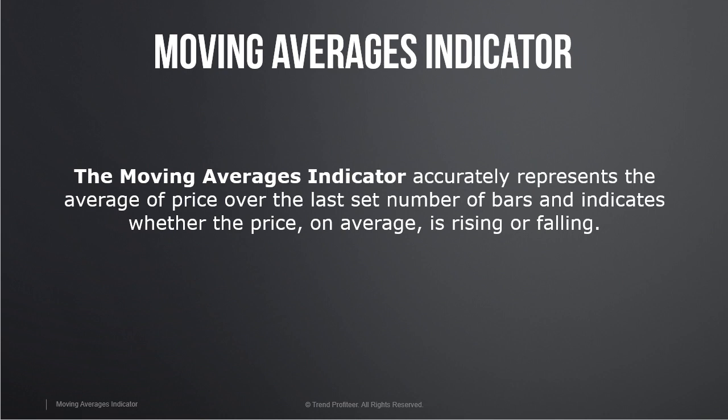For example, an MA 100 represents the average price over the last 100 bars on whatever time frame it is. So if it's on a daily time frame, then it would be the last 100 days.